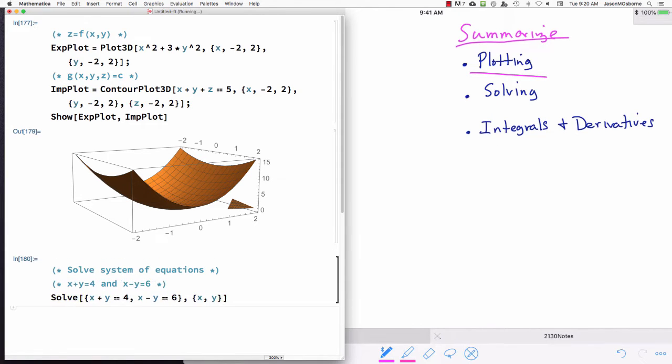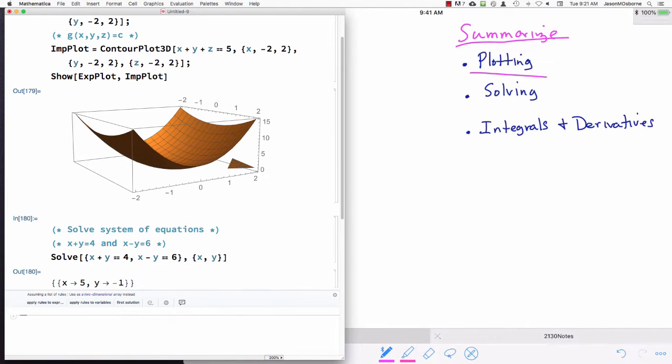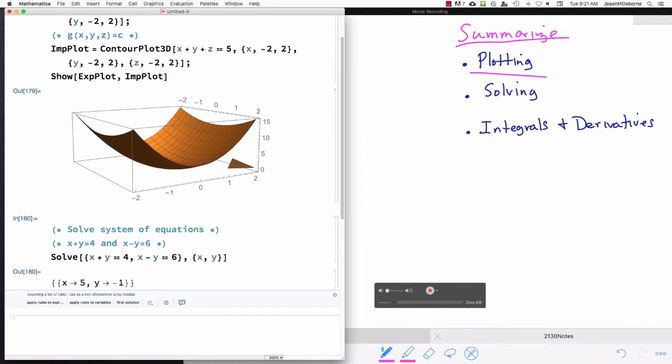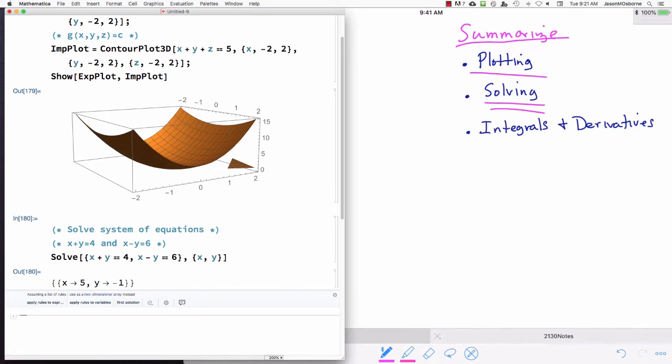The computer gives you that x is equal to 5 and y is equal to -1. You may find solving equations and being able to check your answers helpful.